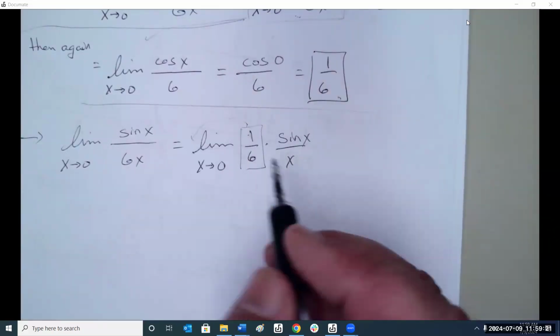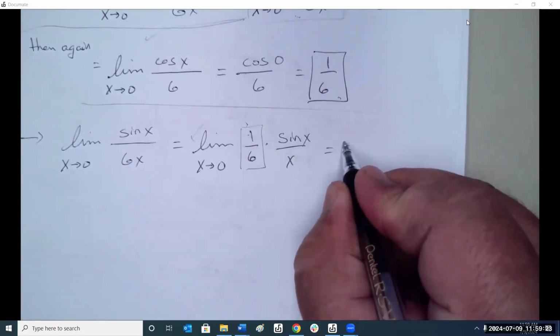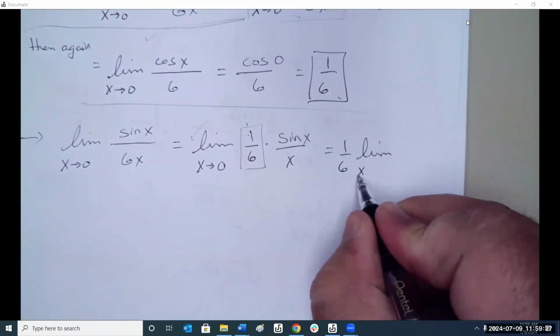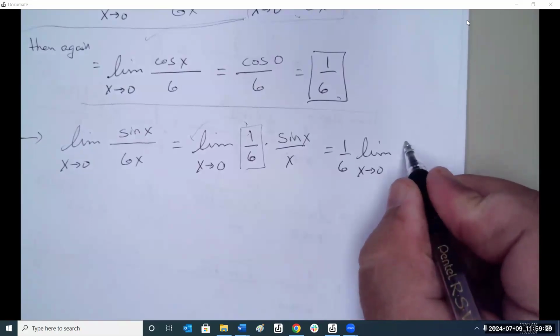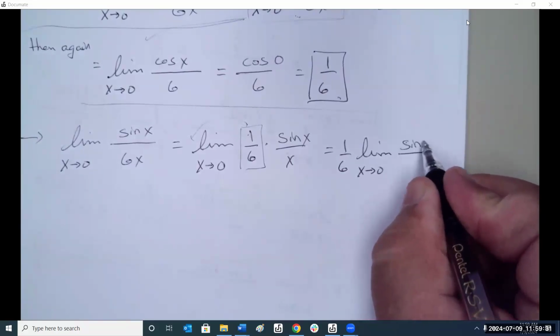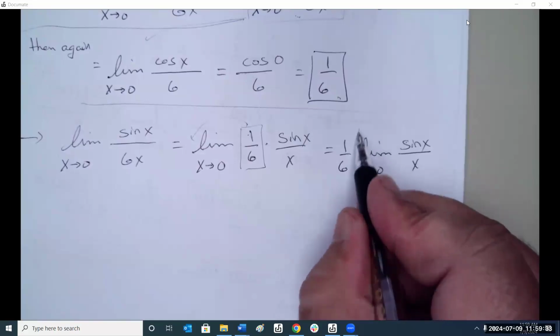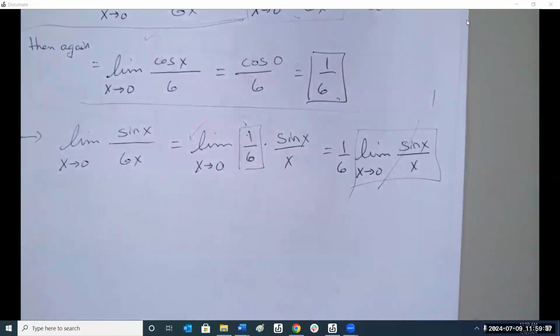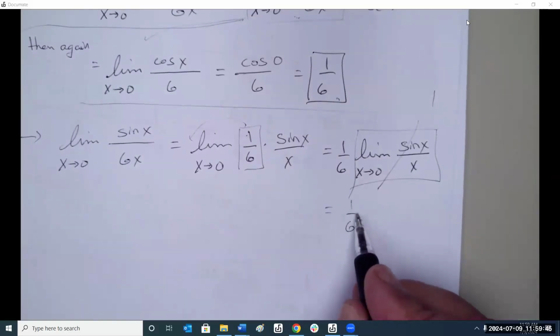Constant multiple goes out in front. The limit of sine x over x is 1. We learned that in the first part of chapter 2. So the answer is 1 over 6.